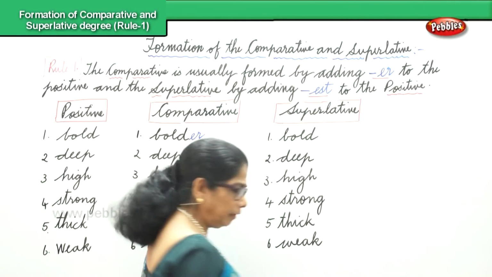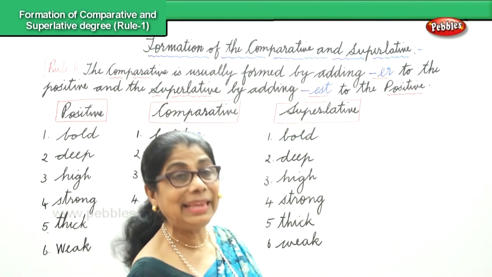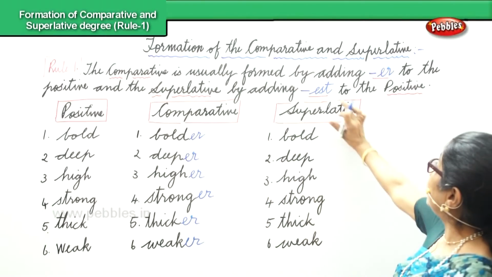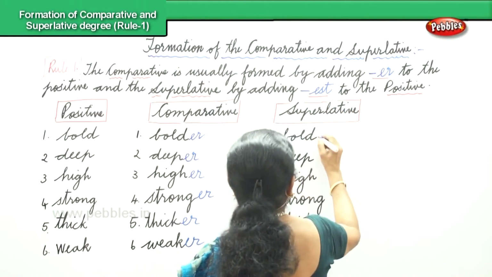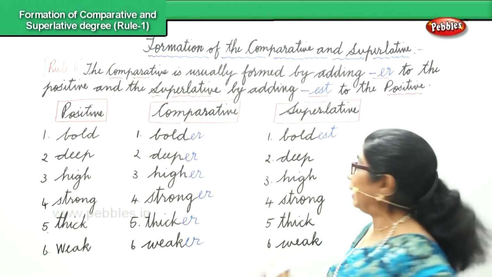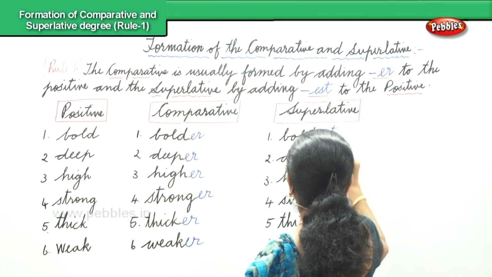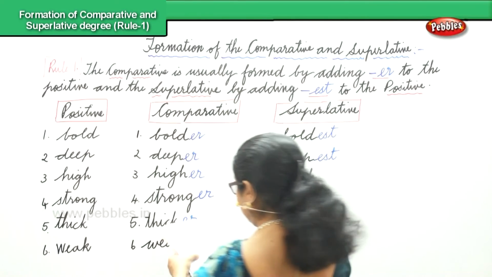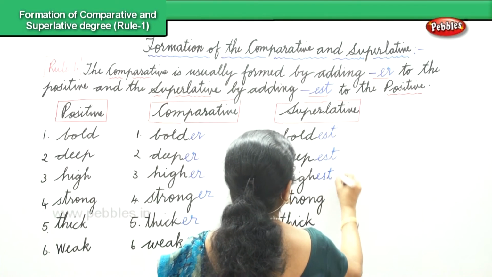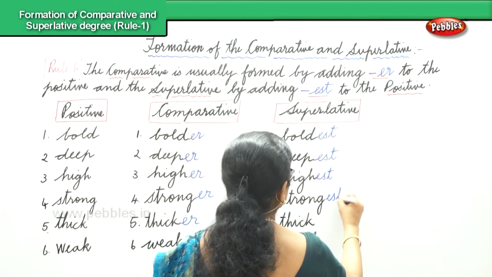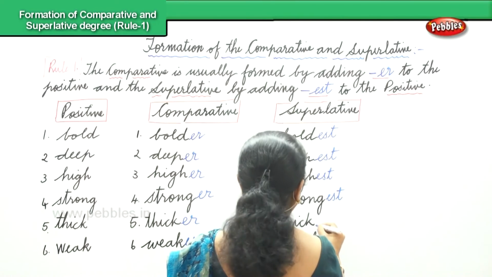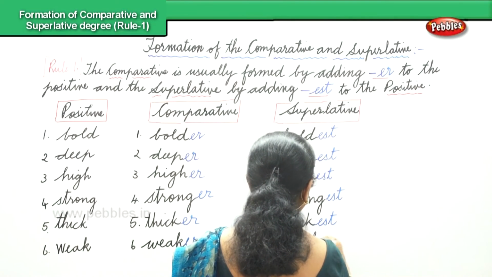To form the superlative, we add EST to the positive. Now, I've done the positive here, and what are we adding? EST. So, boldest, deepest, then highest, then strongest, thickest, and weakest.